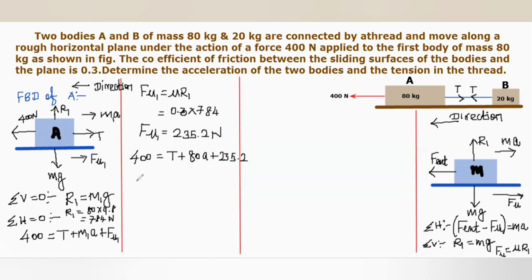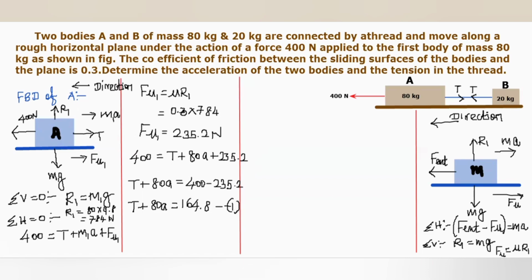By rearranging this equation, we can write T plus 80A equal to 400 minus 235.2. So T plus 80A equal to 164.8. Okay, so this is the first equation.